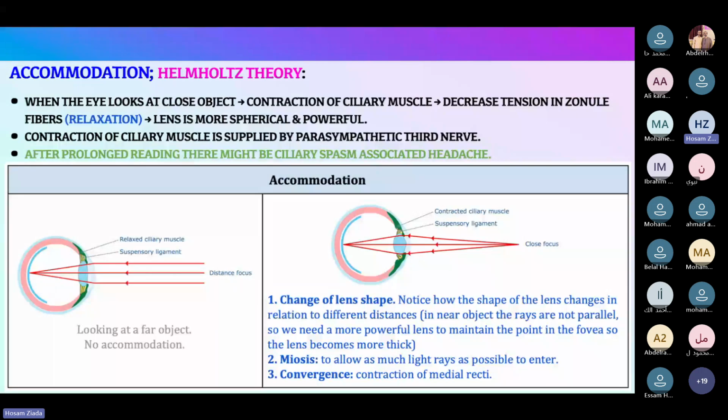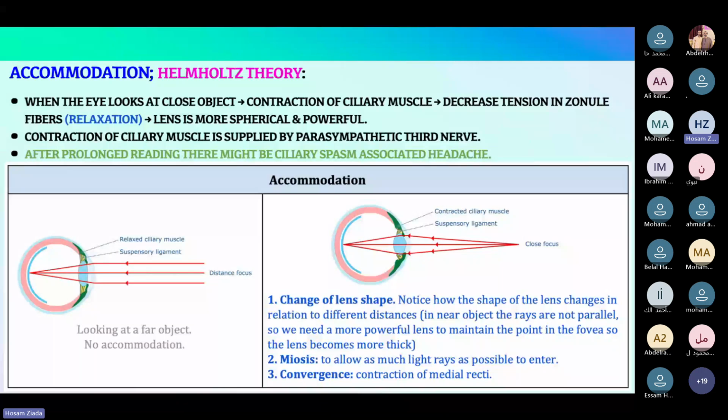Contraction of the ciliary muscle is supplied by the parasympathetic third nerve. So the nerve responsible for the accommodation is the third nerve, parasympathetic fibers of the oculomotor nerve. After prolonged reading, there might be ciliary spasm associated with headache.